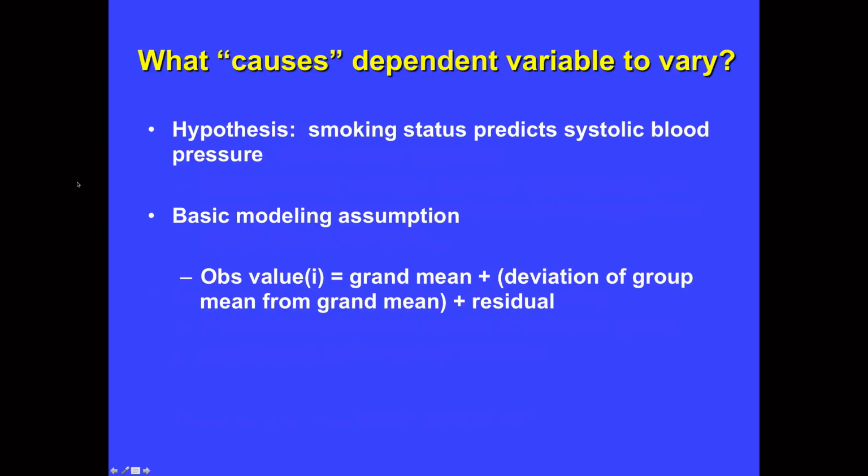And the basic modeling assumption within ANOVA is that the observed value can be predicted by some grand mean, so mean systolic blood pressure, and then adding on some deviation from the grand mean that is related to group membership, and then finally a residual.